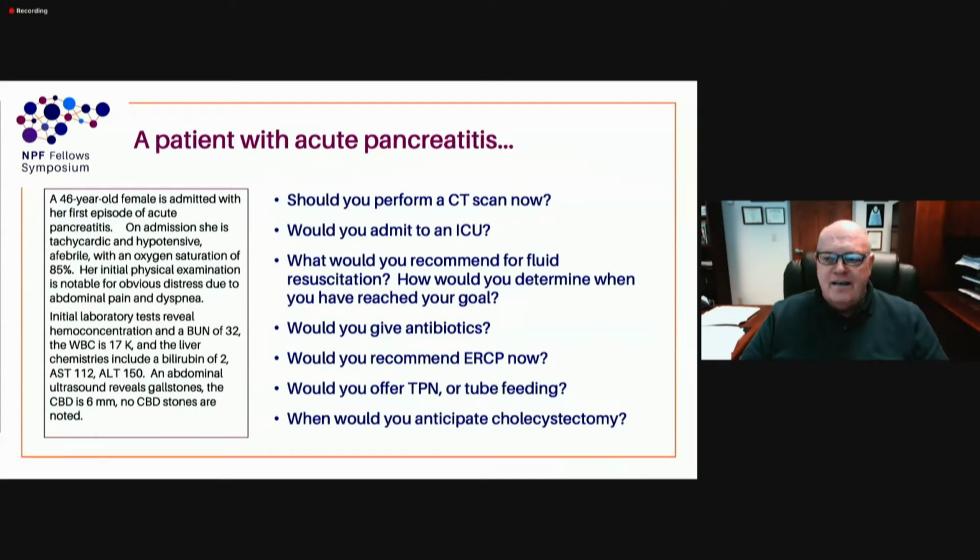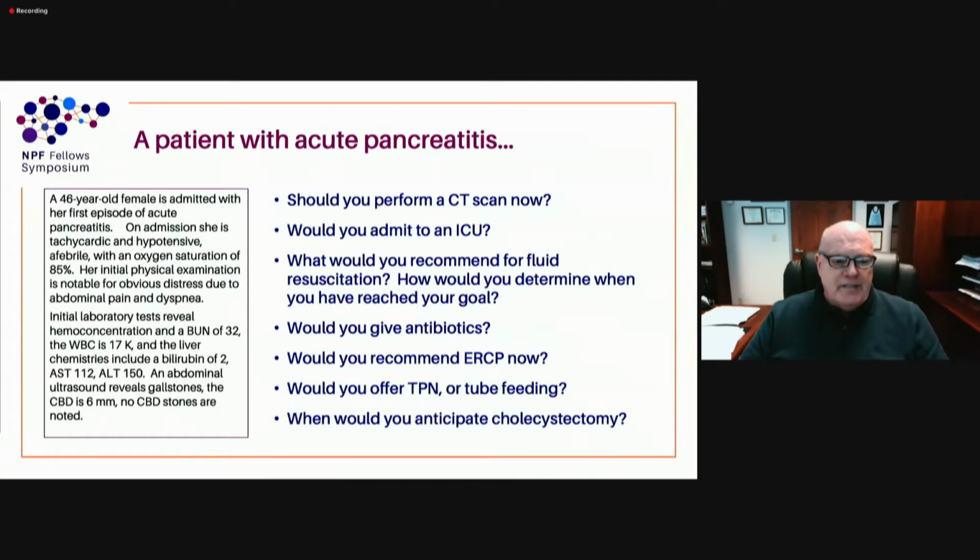So this is, for everybody on the call, a patient, a 46-year-old woman admitted with first episode of acute pancreatitis. Looks pretty sick on admission, tachycardic, a bit hypotensive, but afebrile. Oxygen saturation diminished. Expected findings on physical exam due to abdominal pain and dyspnea.